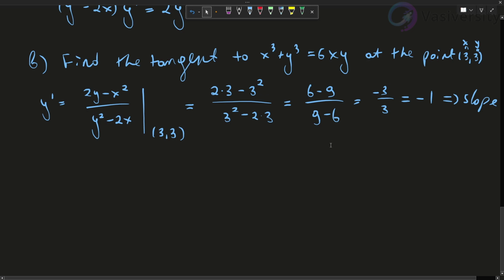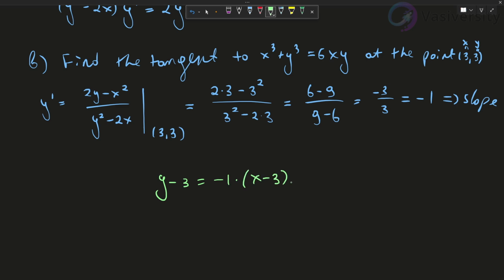Okay, so then by using the equation of a line, that's still going to be part B. So it's going to be y minus 3 is equal to the slope, which is negative 1, times x minus 3. So if we solve, we're going to get y is equal to 6 minus x.